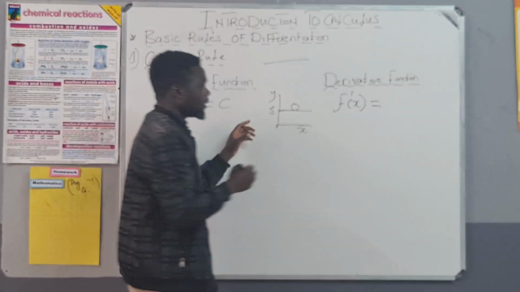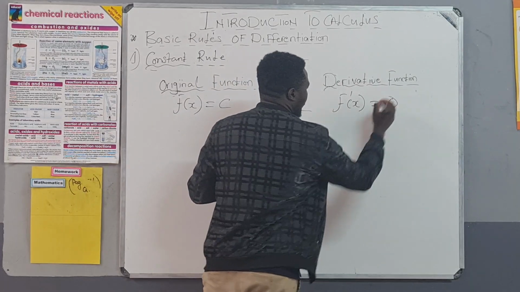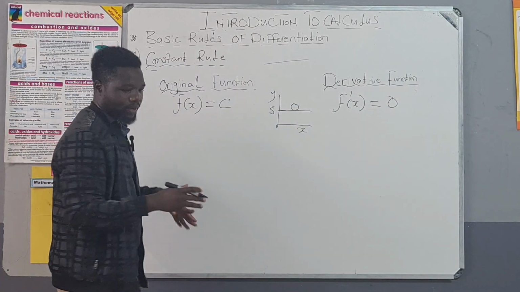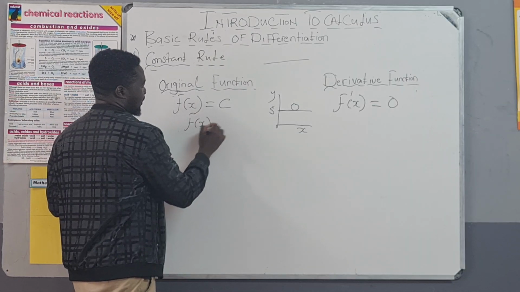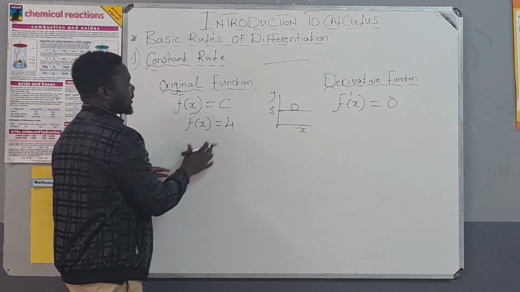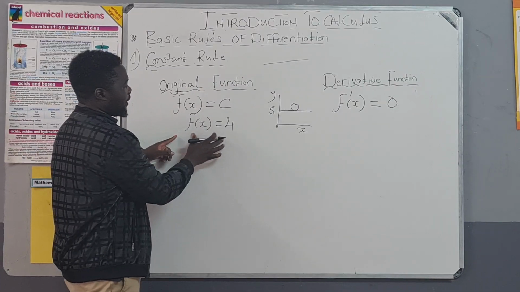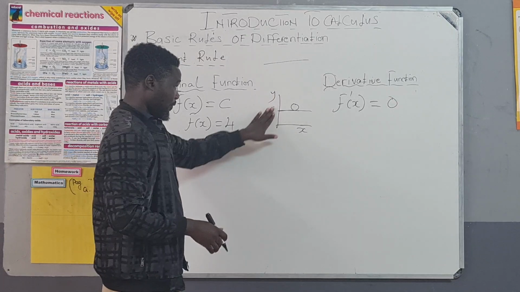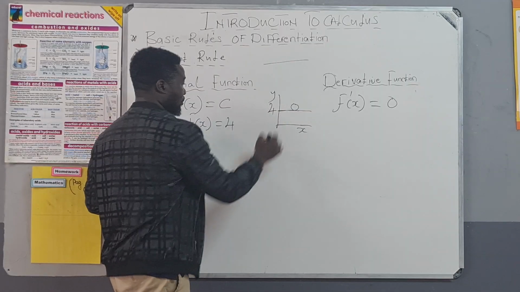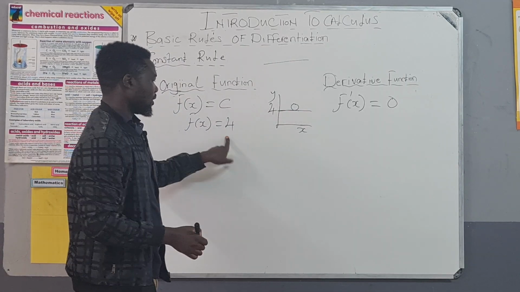Now, in the case where they give you f of x equals 4 and tell you to find the derivative function, remember the derivative of a constant is 0.